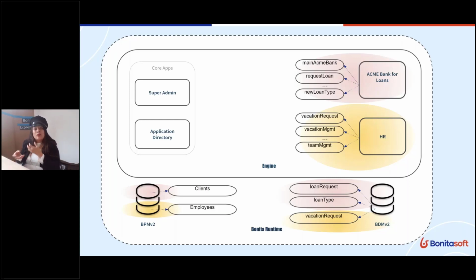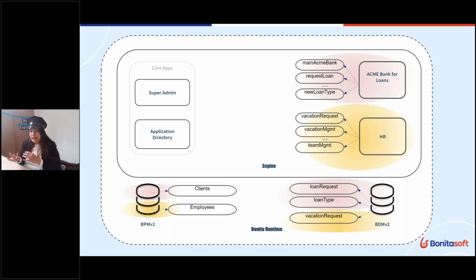It has also a loan type linked to our request. And on the BPM part, of course, it contains the processes and the cases and everything. But it's also including the clients. So yes, profiles are including clients.